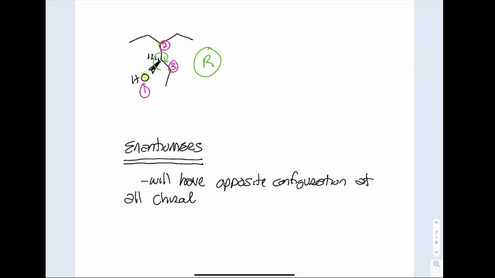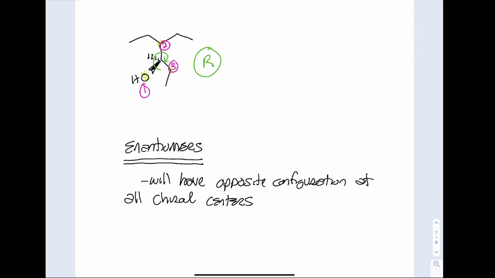We're going to have other types of stereoisomers in this chapter, and I will give you sets of them, and one way to tell if they're enantiomers or one of the other types is to assign configuration. So if I have one molecule and it has two chiral centers, and the first one is R and the second one is S, when I look at its pair, if it's an enantiomer, then the first one will be S and the second one will be R.